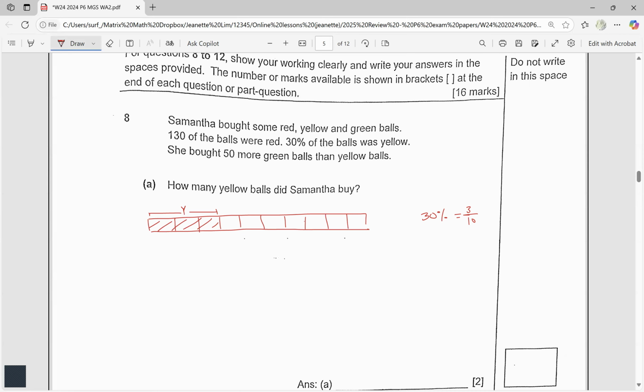Since yellow is 3 units, green will be 3 units plus a little bit more. How big is 50? We're not sure, but I'm just going to cut out a little bit here. This is 50, and this is green. Just make sure that green is more than yellow. Then I can label the rest as red, which is 130.